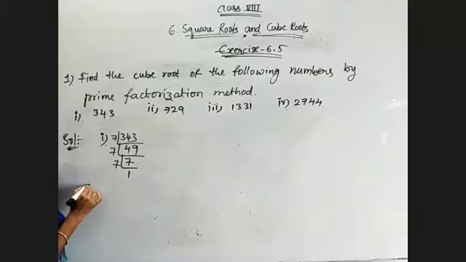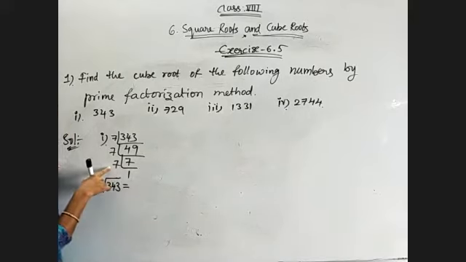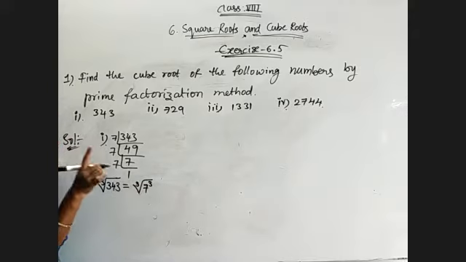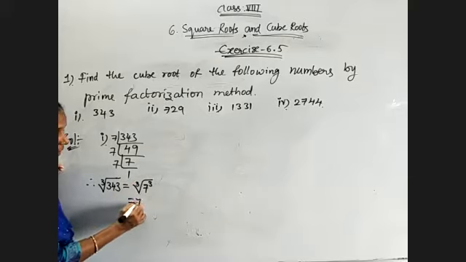Now coming to finding the cube root. Cube root, how we are indicating? Cube root of the given number 343 is equal to cube root of 7 came 3 times, so 7 cube. For every 3 numbers, we have to select one number. So here 7 cube means 3 times is there, means once only we need to get.